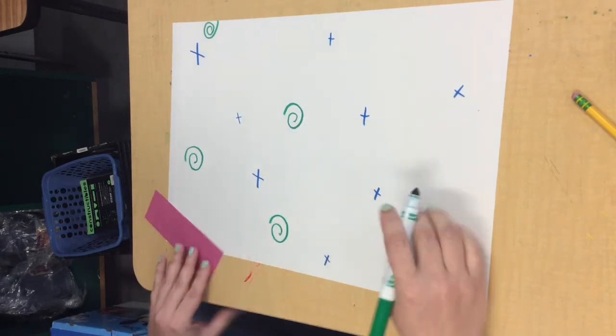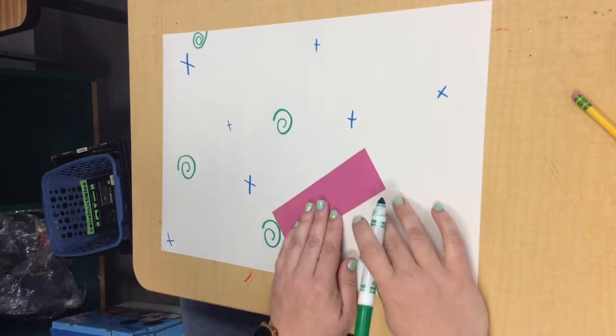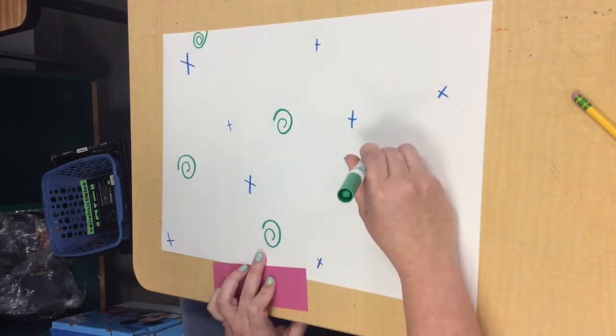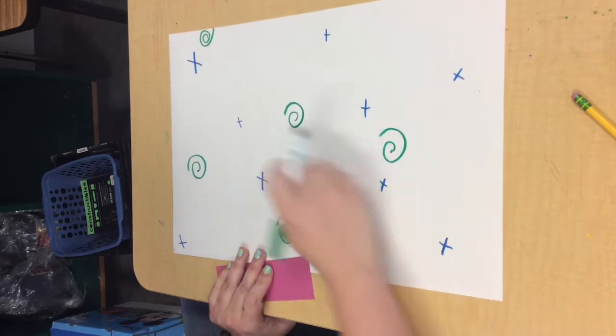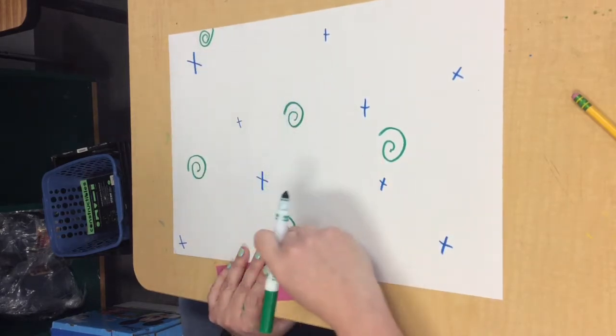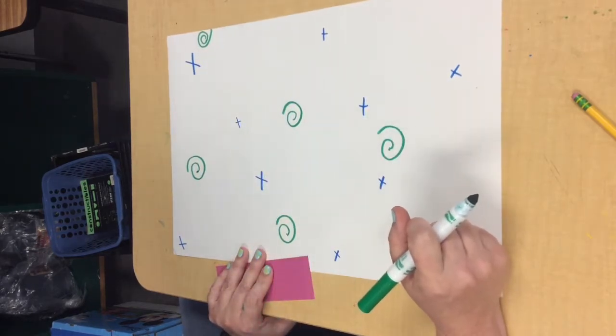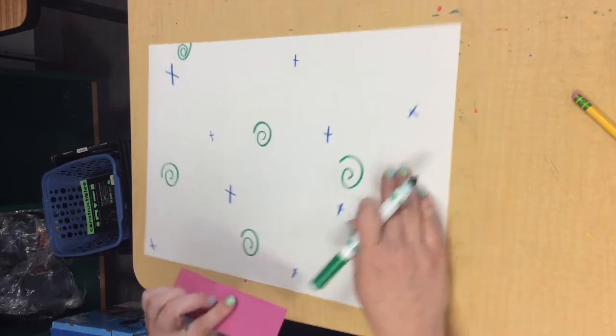You see I'm putting a little mark down so I don't have to hold the paper there. I can find where this shape is going to go. Let's count how many have we done. 1, 2, 3, 4, 5. 10 minus 5 is 5. So we're going to do 5 more.